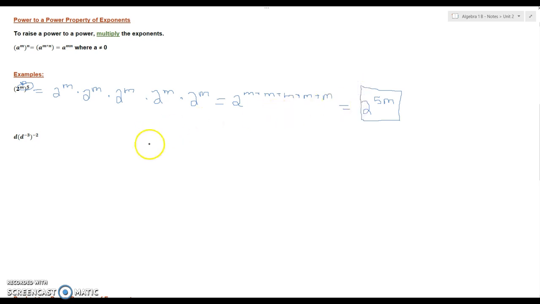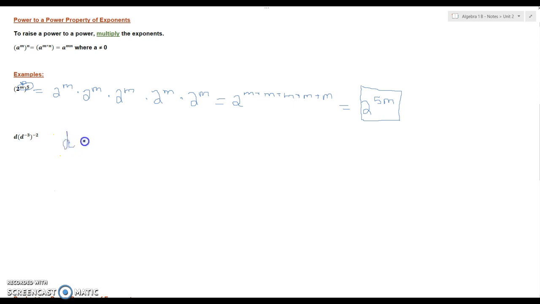So let's use our property in this example here. We have d times (d^-3)^-2. So in this example, we have a d alone, so we're going to just go ahead and write that by itself.